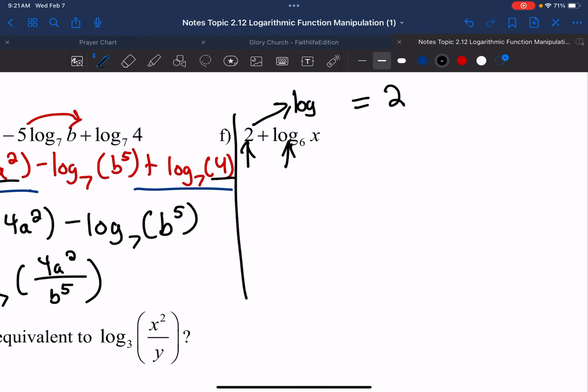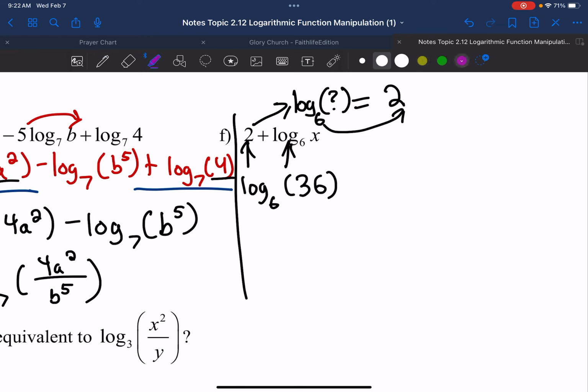And I know I've got to have log base 6, but what has to be right here? So basically it's saying 6 squared is what? So I could rewrite this as log base 6 of 36. That's what? I'll highlight that. I'm using this to rewrite that one.